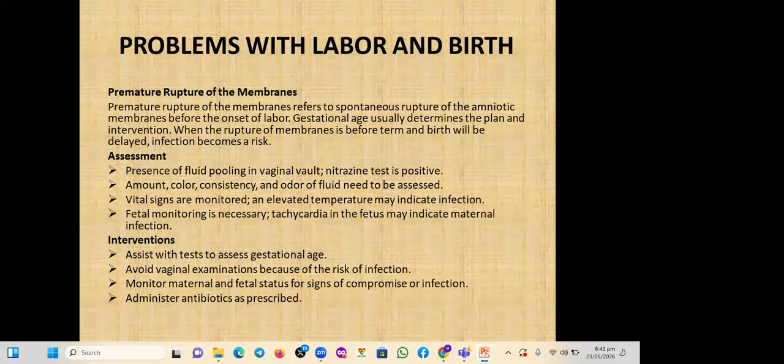Okay. It's just like when we were in school, doing acid and base, and testing whether a substance is acid or a base using litmus paper. It's the same process. We have something we call the nitrazine paper. You dip the nitrazine paper into the fluid, and then there's going to be a color change.